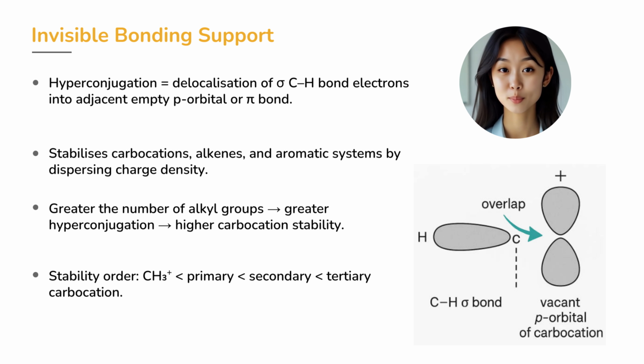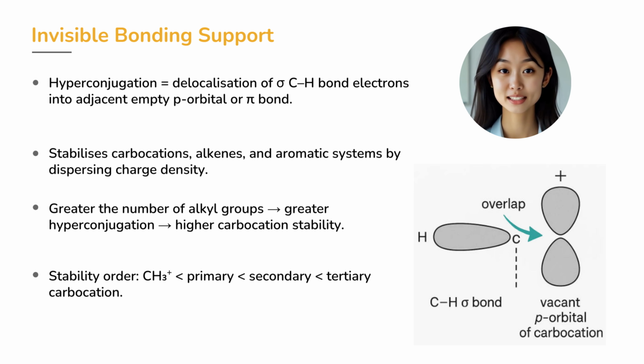This spreads out the positive charge, stabilizing the carbocation. That is why tertiary carbocations are more stable than secondary carbocations, which are more stable than primary, and the least stable is the methyl carbocation. The order is methyl carbocation less than primary carbocation, less than secondary carbocation, less than tertiary carbocation.